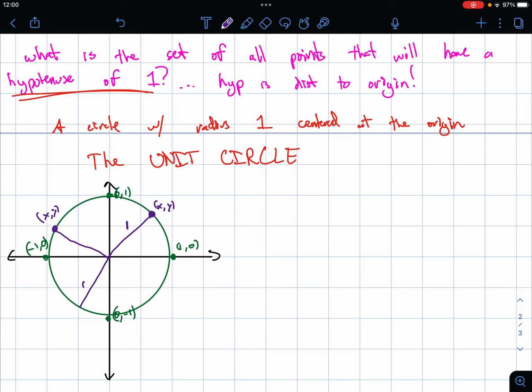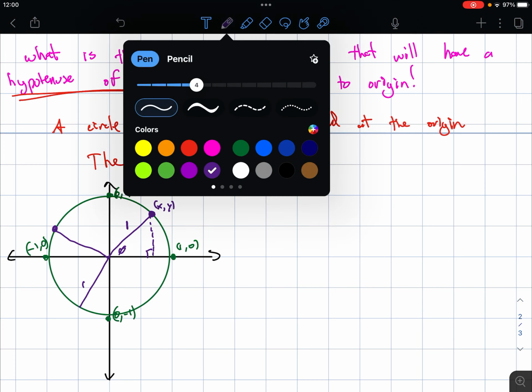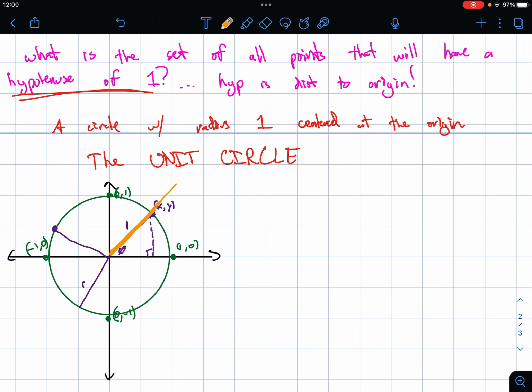And what's so valuable about that is if those are my x and y coordinates, and I think about my definition of trigonometry and drop my right angle, and here's theta to this angle in standard position, well then, for this point that lies on the circle, and I'm going to say if a point lies on the unit circle, then it must be true that sine of theta is simply equal to the ratio of the opposite to hypotenuse, which is equal to y over 1, which is equal to y.